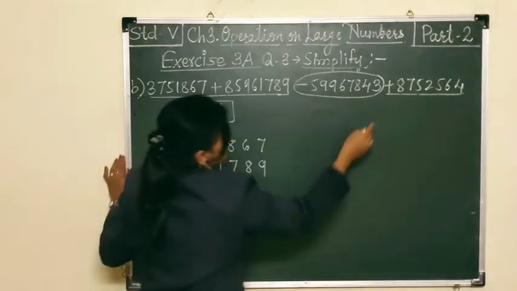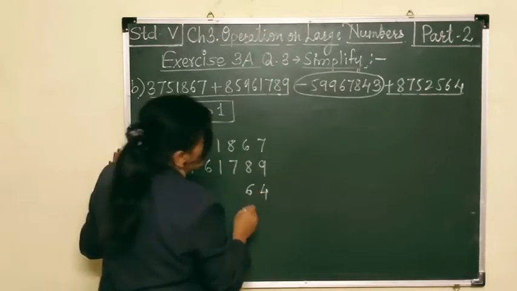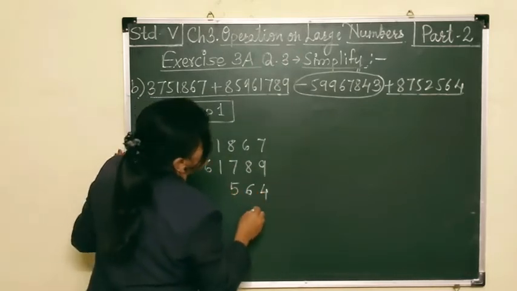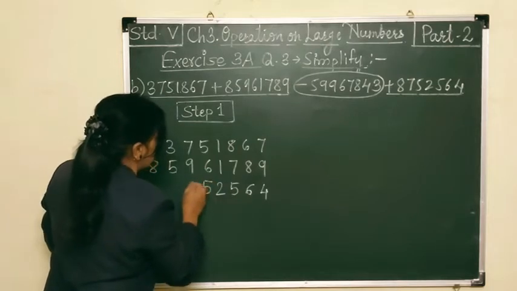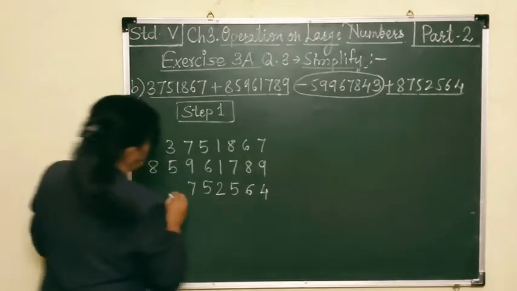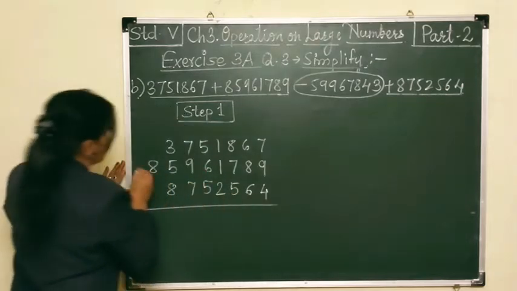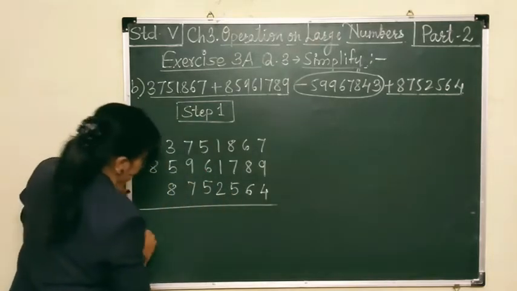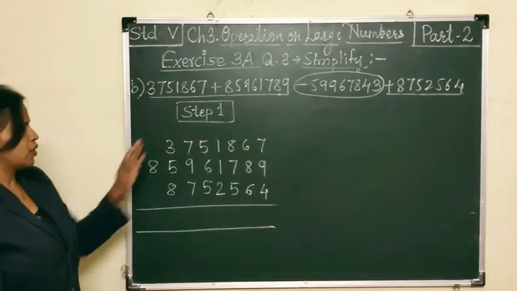And the last number, see, 4, 6, 5, 2, 5, 7, 2, 5, 7, and this is 8. Okay. Means here all are not of same digits. So we should write it carefully when you are arranging them.